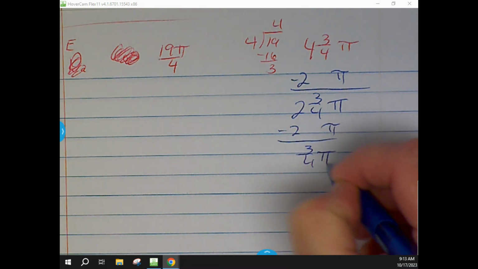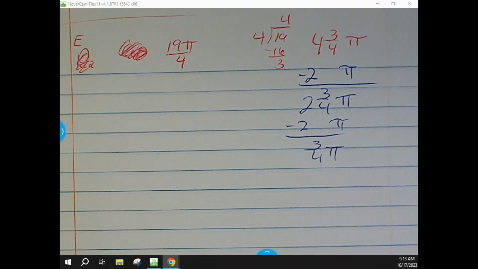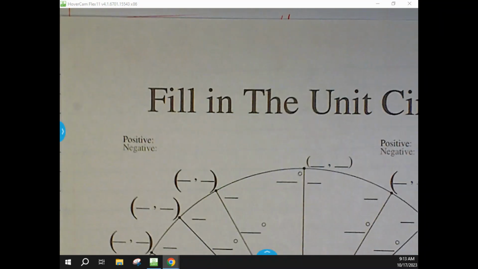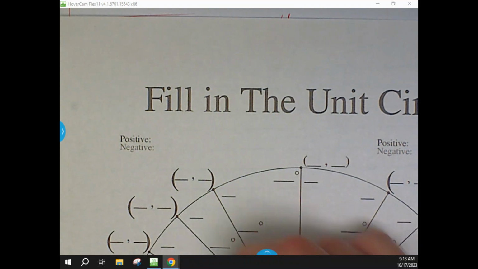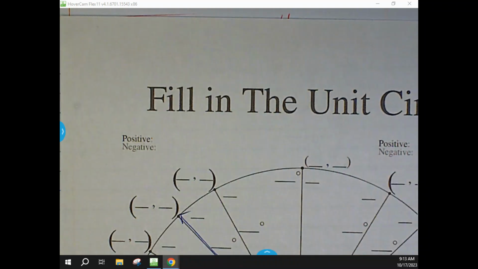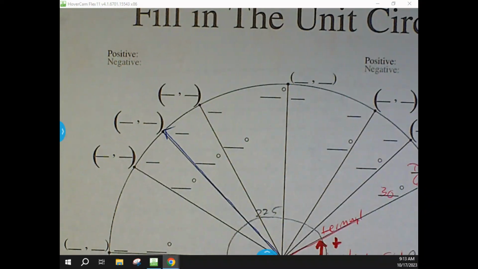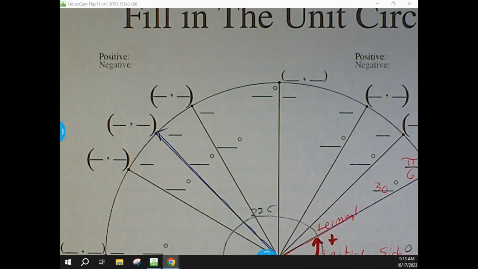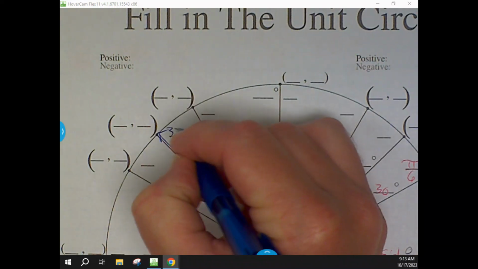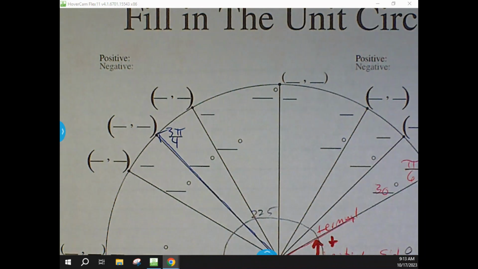That leaves you with 3/4 pi. Then on your chart, you figure out where 3 pi over 4 is. 3 pi over 4 should be this line right here. So they asked for it in those terms, and we're just going to leave it as 3 pi over 4.